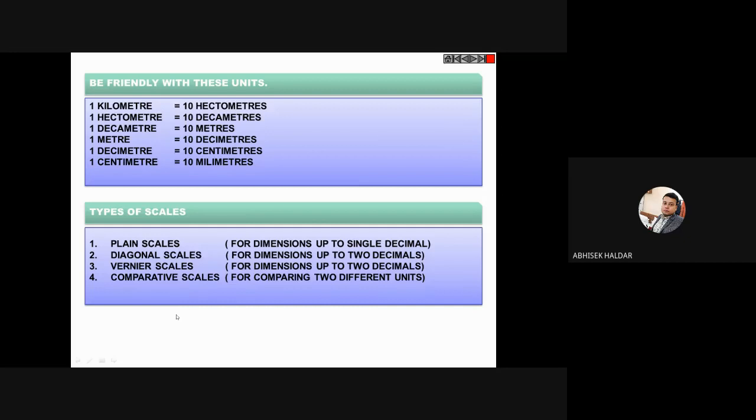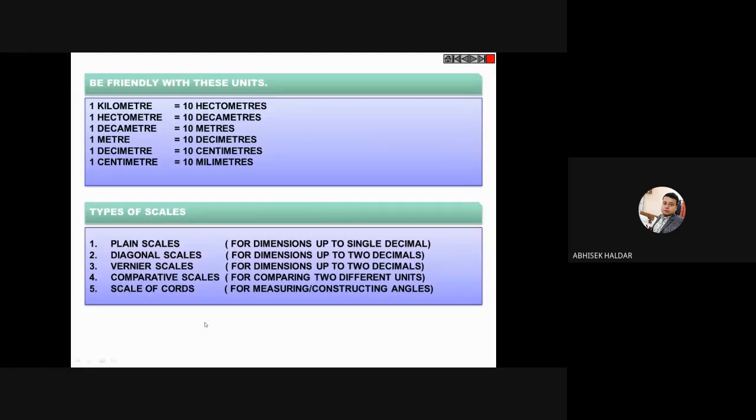And the last one is the scale of chords. It is used for measuring angles or any angular dimensions. But your concentration should be on the first two, plane scale and diagonal scale. You should know these names at least.